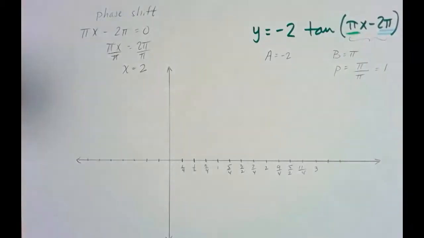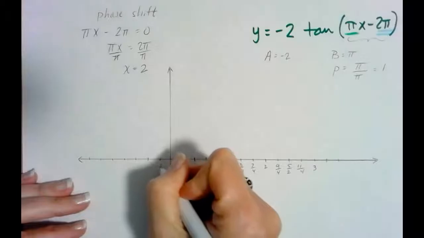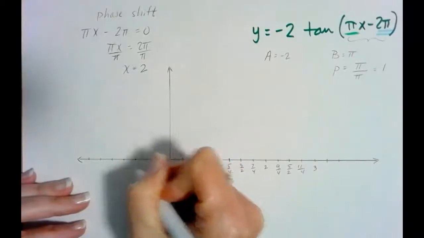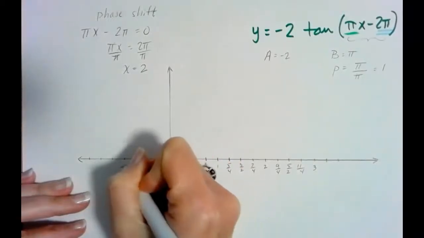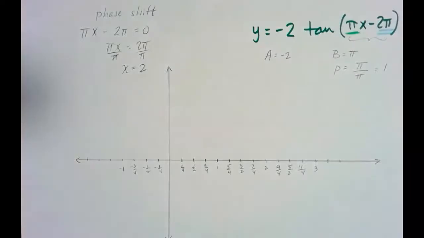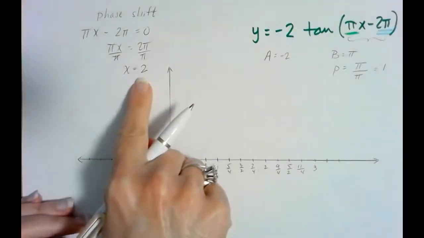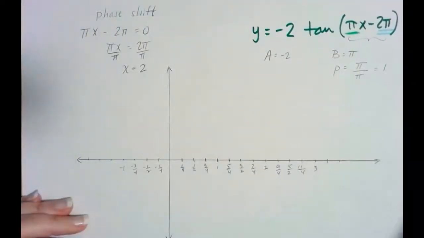So we're still numbering it by fourths. I'm also going to go backwards: -1/4, -1/2, -3/4, -1. So we have a phase shift 2 to the right and a period length of 1.